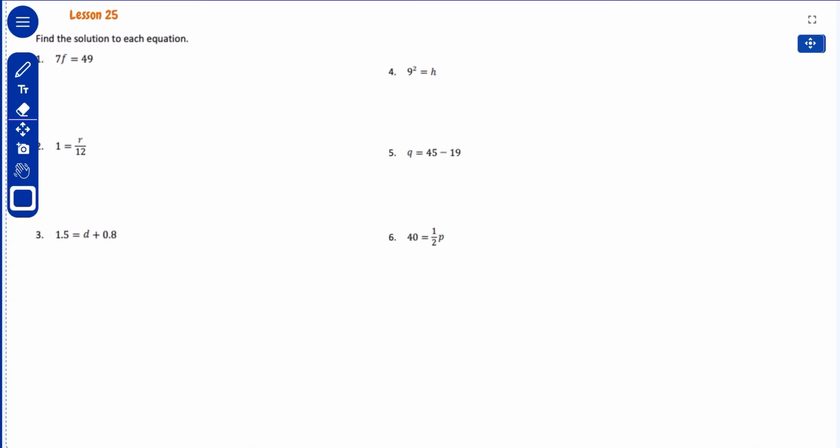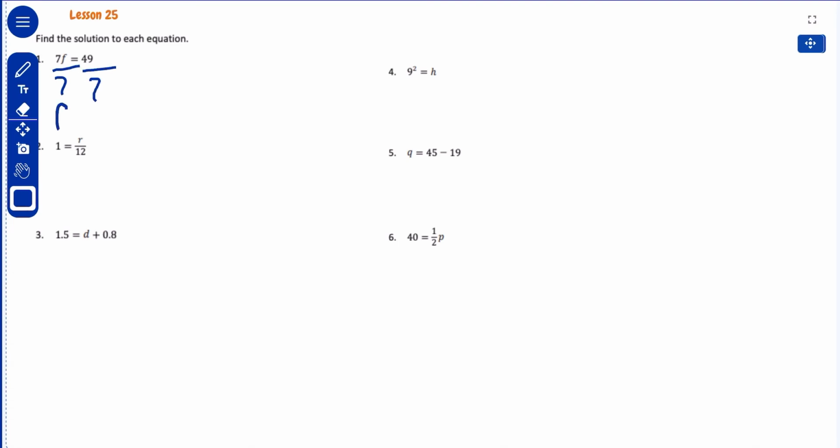Number 1 says 7 times F, or 7F, equals 49. Can we do 7F? No, so we're going to do the opposite. What is the opposite of times? Divide. So we're going to divide by 7. And when we divide by 7, we're going to divide by 7 on both sides.